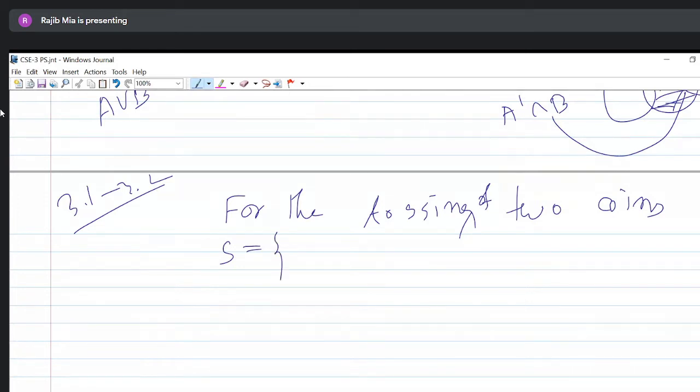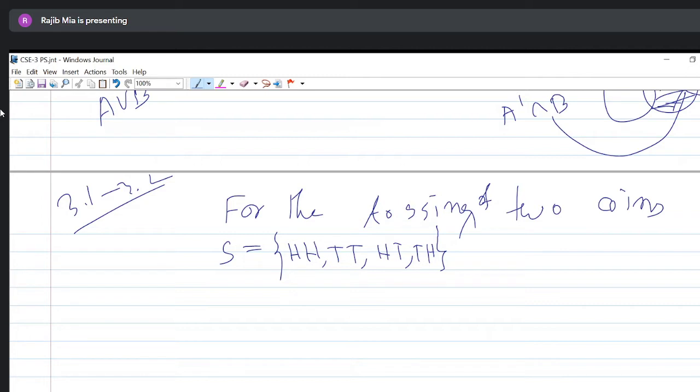What are the outcomes for this experiment? How many outcomes are there in the tossing of two coins? Four. So what are the outcomes? Head head, head tail, tail head, and tail tail. These are the possibilities for this random experiment.